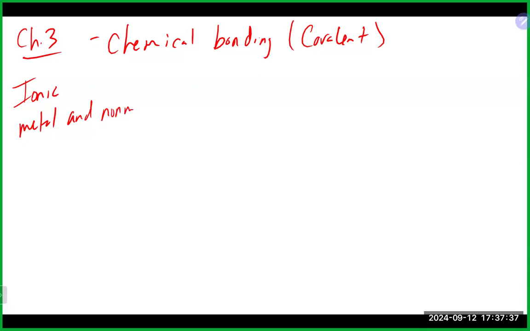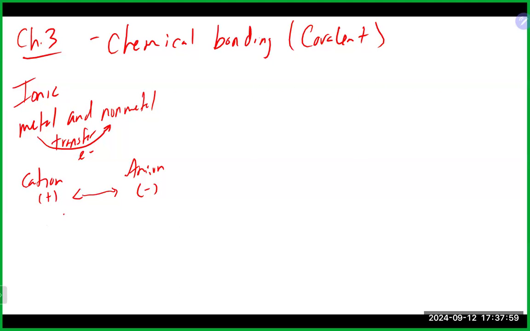Based on periodic trends, that always results in a transfer of electrons, forming a cation, which is positively charged, and an anion on the non-metal side that's negatively charged. It is that opposite attraction that holds it together. Again, no sharing of electrons.